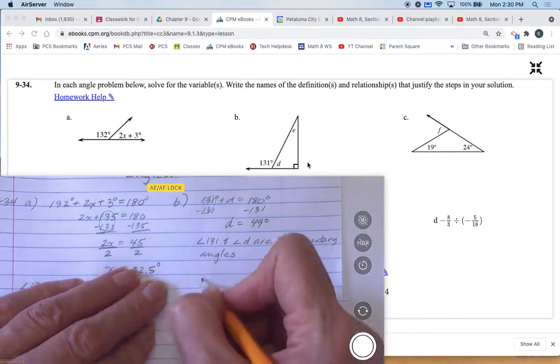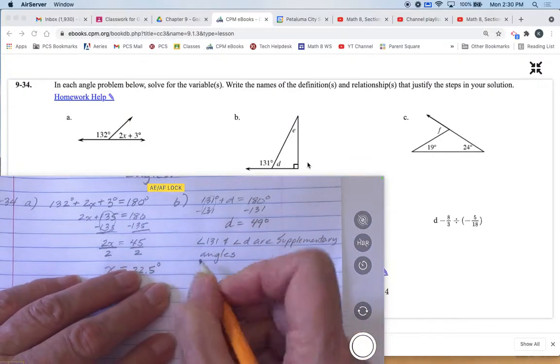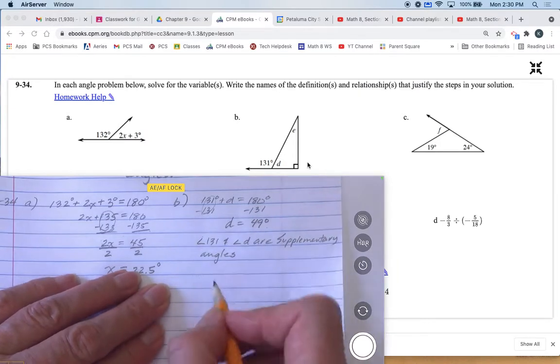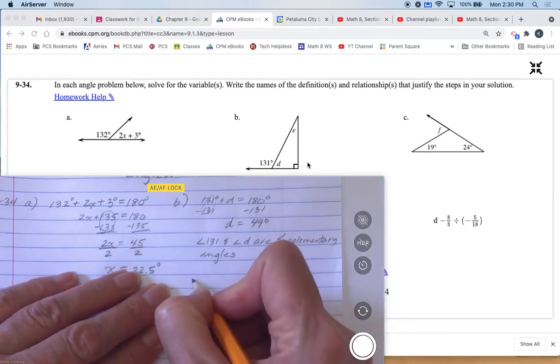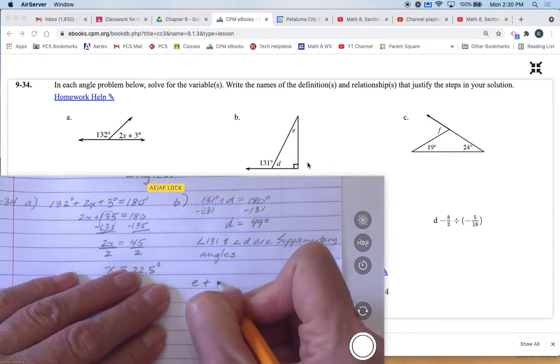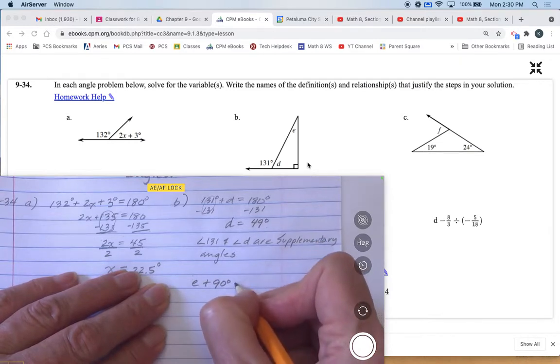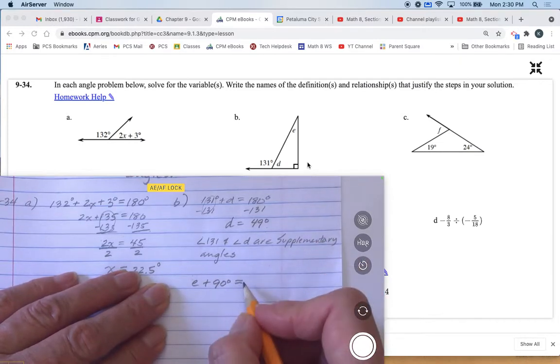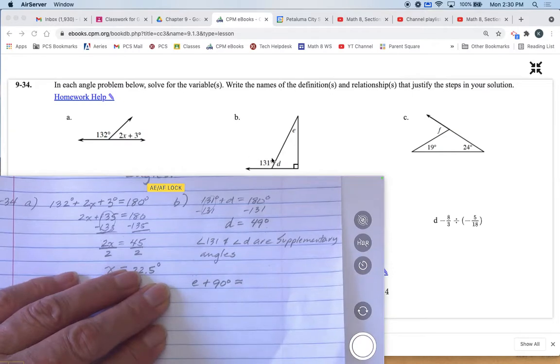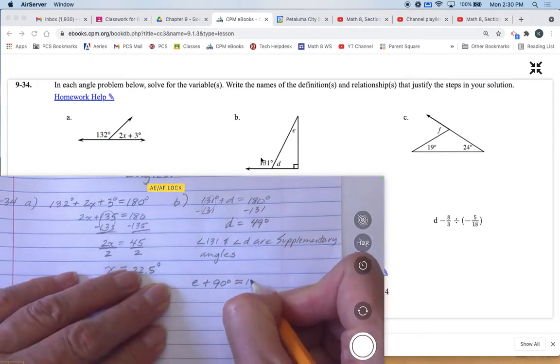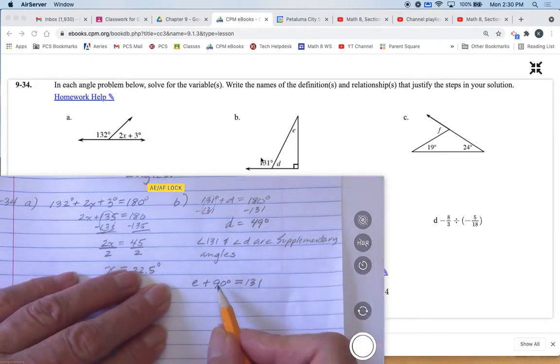So I can write an equation that says that E plus 90 degrees, because that's that little corner, will add up to and be equal to this exterior angle, which is 131.